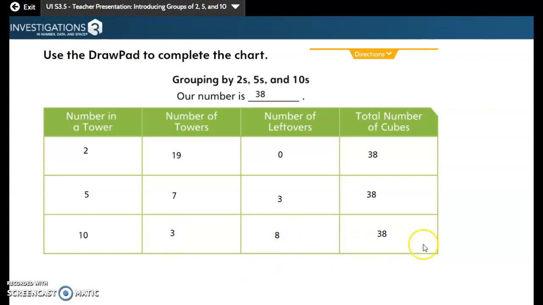Does that look similar to this number? Notice that your 3 here is the same number as your tens place in the total number of cubes, and that your 8 ones, the leftovers, is the same number as the 8 in the ones place of the total number of cubes. So start to look and see if you see a pattern as you go forward.